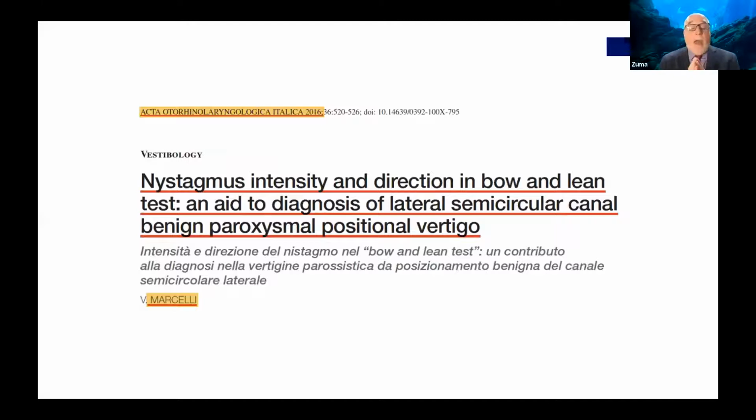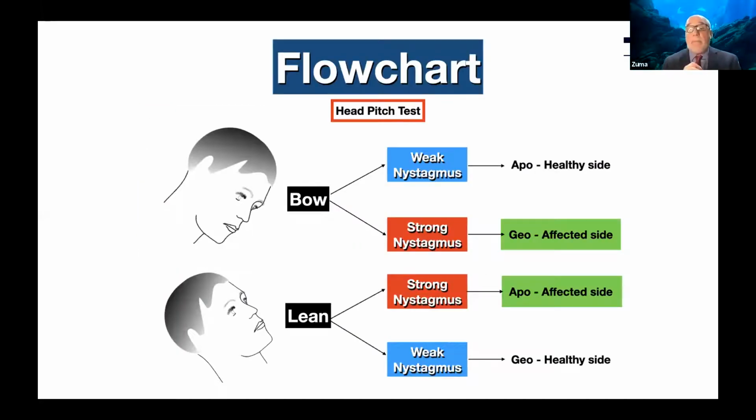That paper, which I think is very interesting, was written by Marcelli. And he talks about the intensity of the nystagmus and then the direction. I'm going to summarize this paper. When I perform the bow test, if I have a strong nystagmus, probably the particles are in the posterior arm, which means geotropic, and the direction of the nystagmus shows the affected side.